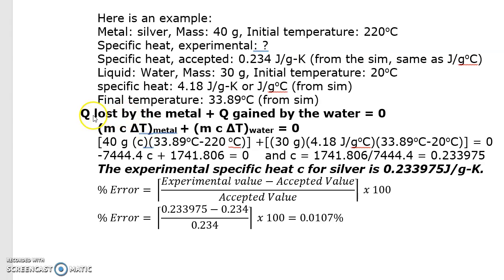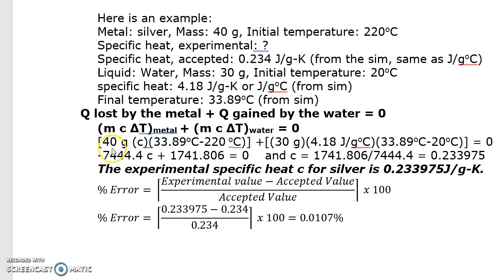So if you were to represent the equation in words, it will end up looking like this: MC delta T of the metal plus MC delta T of water equals 0. That means the total heat exchange in your system, which is isolated, is 0.